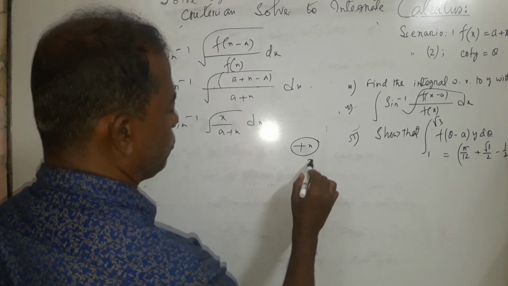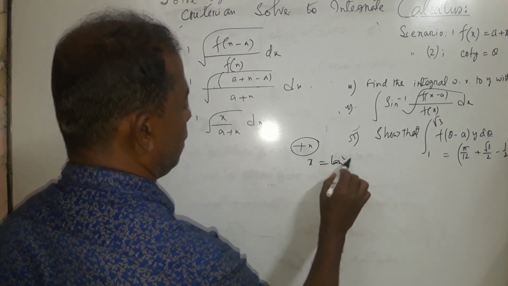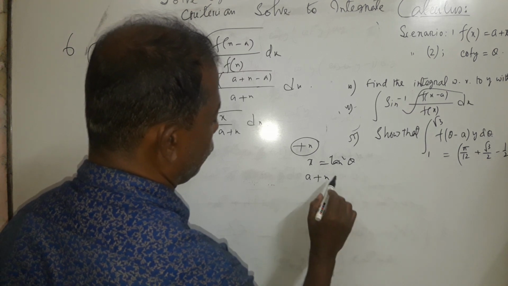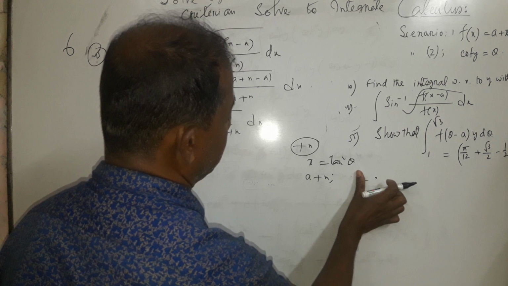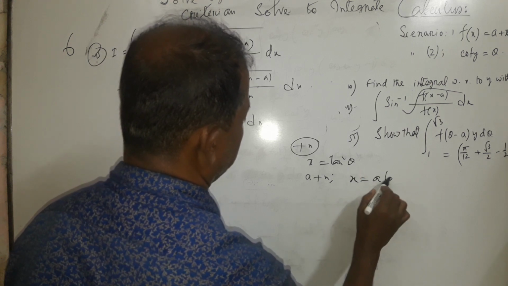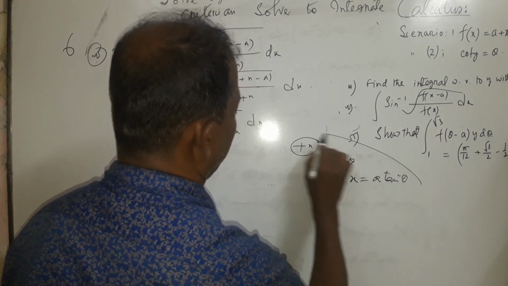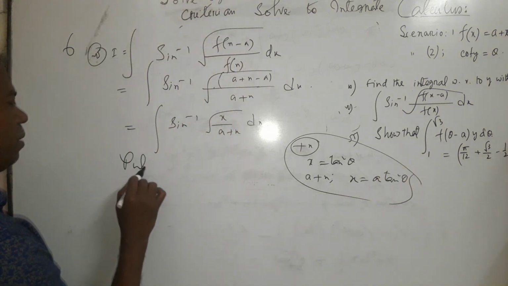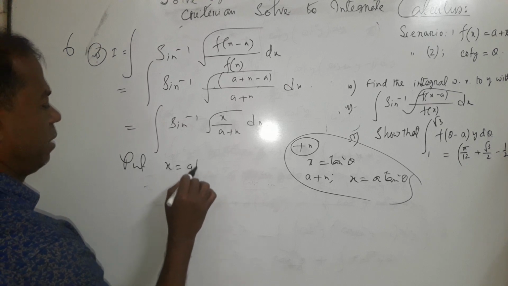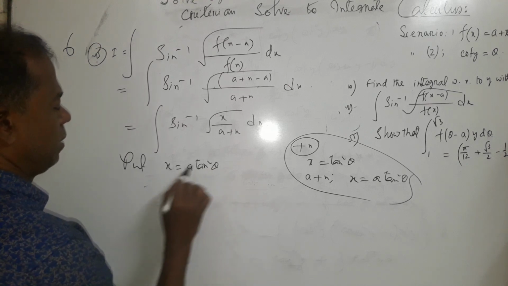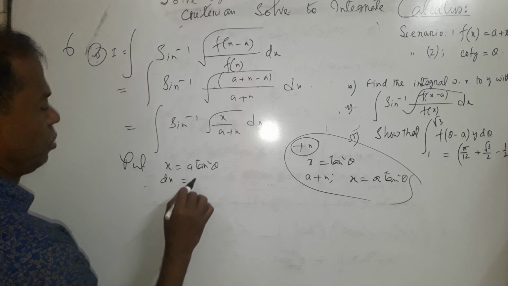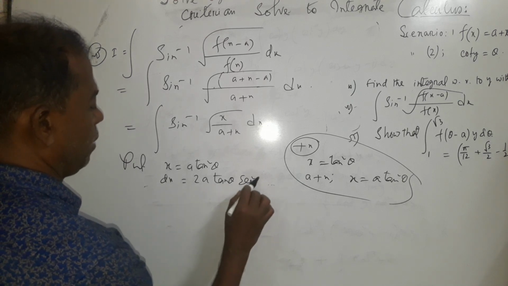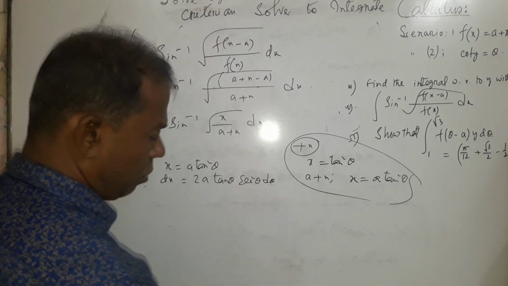that means x equals a tan square theta. Memorize this format. Put x equals a tan square theta. That's why dx equals 2a tan theta sec square theta d theta.